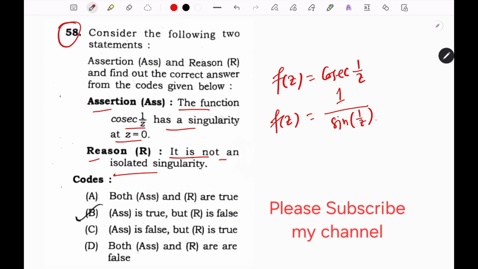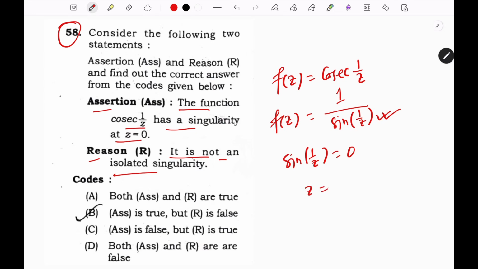We get a singularity when sin(1/z) equals 0, that is, when 1/z equals plus or minus n pi, so z equals 1 upon plus or minus n pi, where n belongs to the integers.